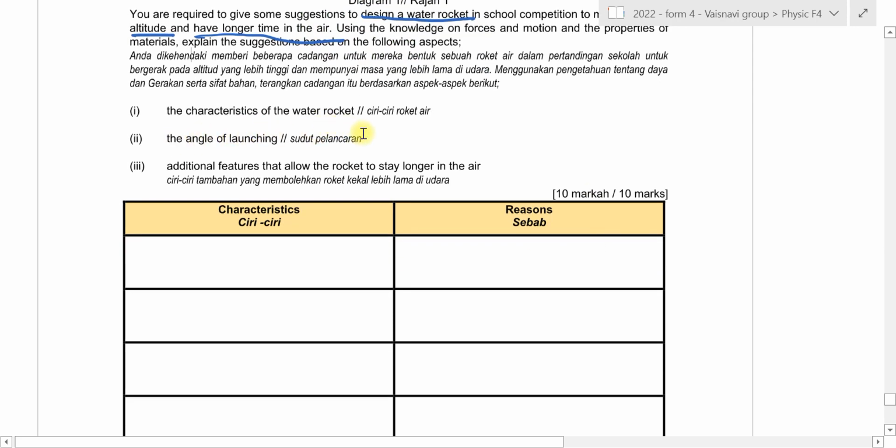What are the characteristics of water rocket we should design? The angle of launching, the additional feature that you should put on the rocket so that it stay longer in the air. Okay. Jadi dia bagi 10 markah tapi dia bagi 3 saja kan? Maksudnya ada setengah tu, ada satu point tu kamu boleh bagi 2 karakteristik. For example, angle tak boleh ada banyak, satu jawapan je kan? Mungkin kamu bagi 2 points untuk characteristic of water rocket, 2 additional feature that allow the rocket to stay longer. Macam itulah kita pisahkan. Yes, what is your idea?